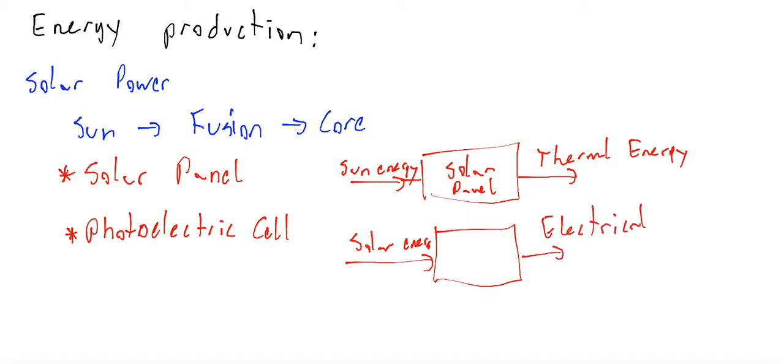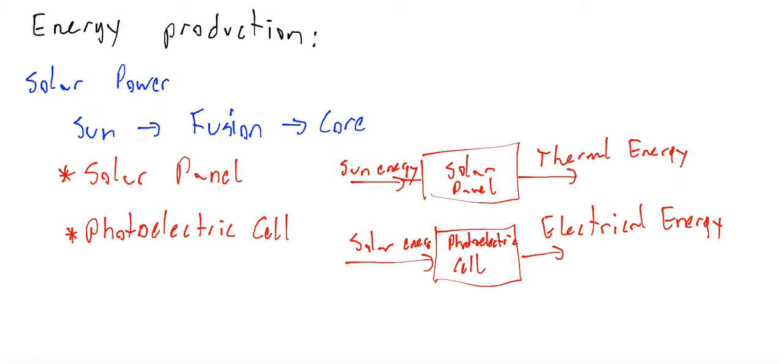Okay, currently the efficiency of this process is maybe not huge, but is enough to power up your calculator or others, and in some applications there are farms of photoelectric cells which can produce a huge amount of electrical energy, which is able to power up a small city. Okay, so practically we have two methods: a solar panel, which converts solar energy into thermal energy, and a photoelectric cell, which converts solar energy into electrical energy.